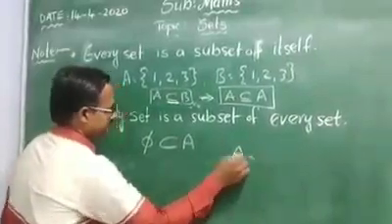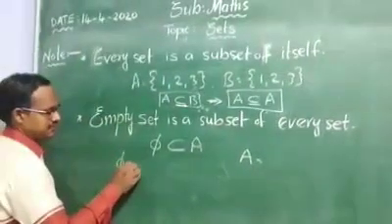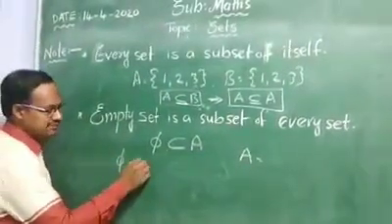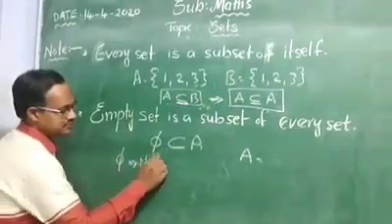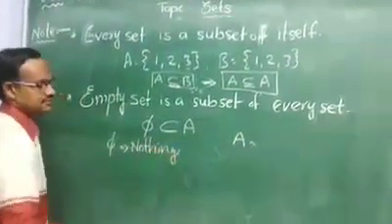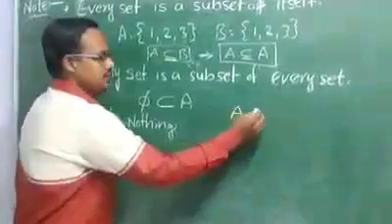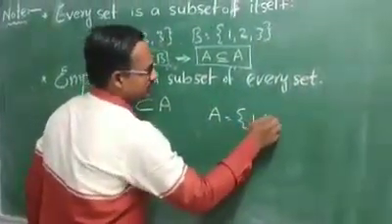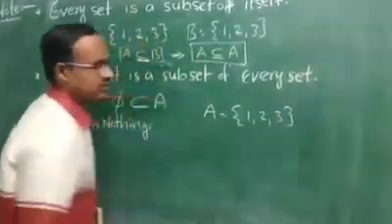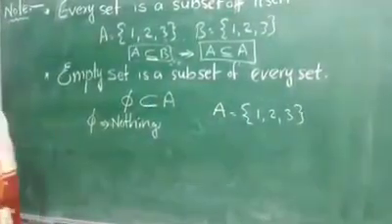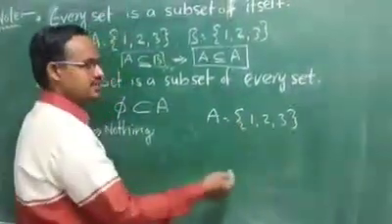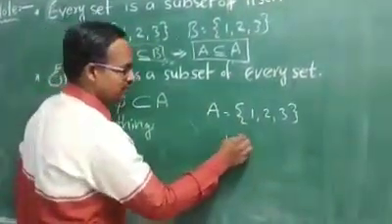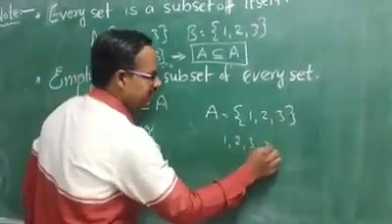Suppose, what is meant by phi? It is an empty set. Empty set means nothing. And if I take a set A as {1, 2, 3}, the first three natural numbers, what are the elements of A? 1, 2, 3 and nothing.